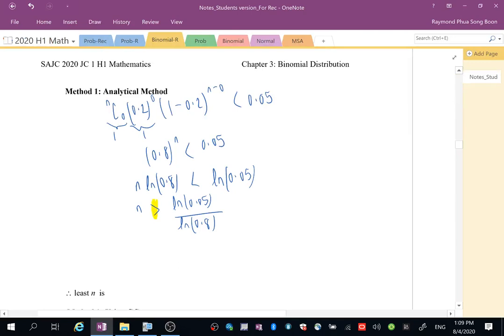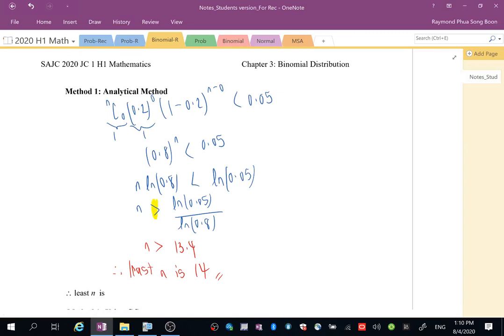So, using your GC, you will get n is greater than 13.4. The question asks for the least number of people that should be selected, so the least n that satisfies this inequality will be 14, since n is a number of people and must be a whole number.